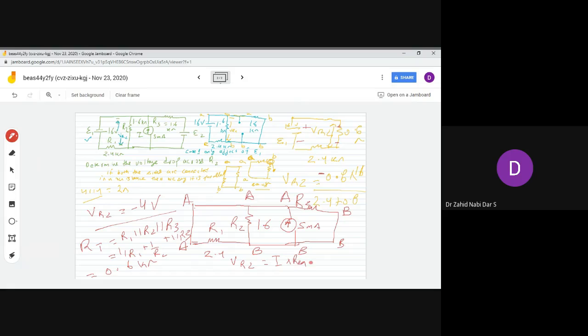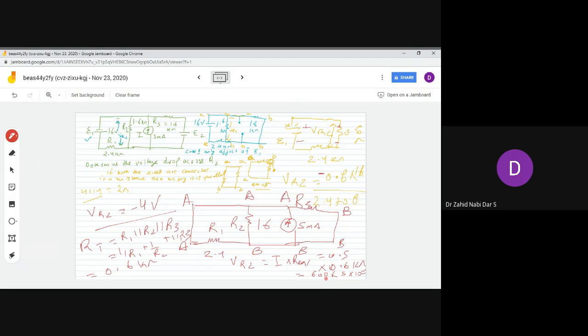I is equal to 5 milliamperes, and this value you got equal to 0.6 kilo ohm. 0.6 kilo in ohms would be 6 by 10 into 1000, which means 600, into 5 milliamperes, so 5 into 10 power minus 3.